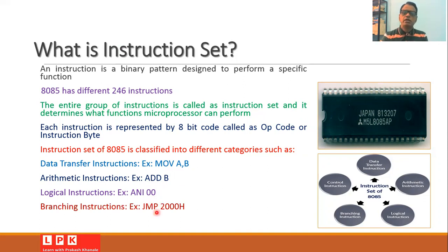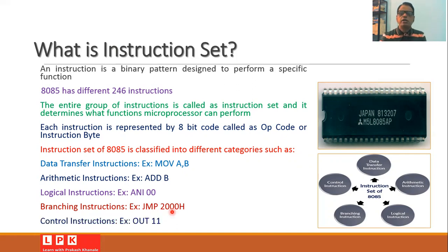Branching instructions are used whenever we want to jump from one instruction or one part of the program to another part of the program. For example, whenever we write an instruction such as JMP 000H, this is a branching instruction where we are instructing the microprocessor to jump from the current statement to the statement located at this location.